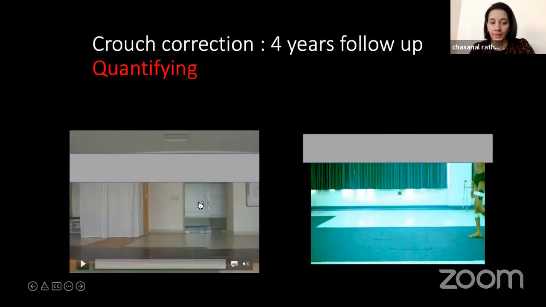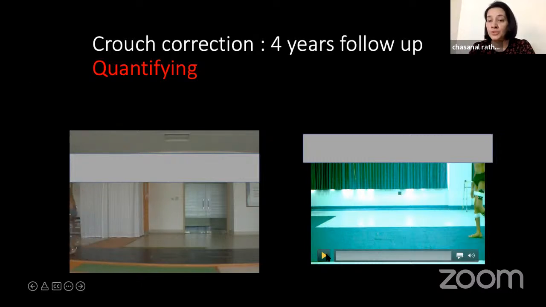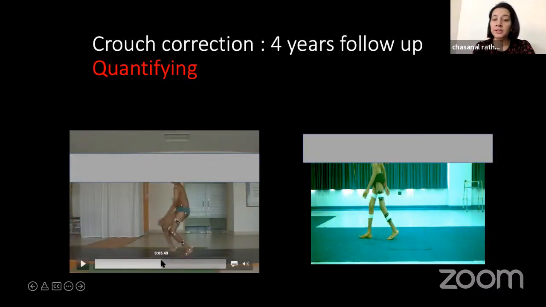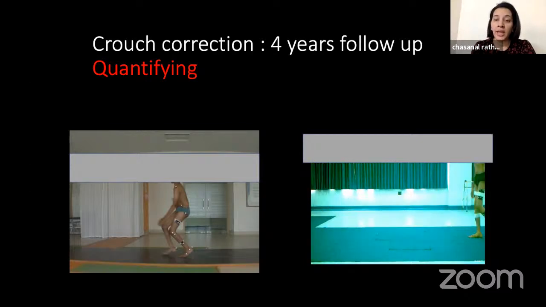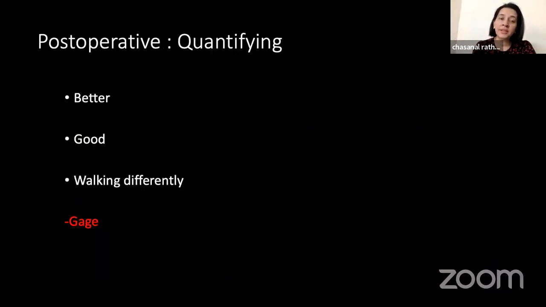Similarly, when the child is operated, we always say that the child is walking good, or wow, the child is walking so nice. But how do we quantify the results? How do we know that the child has really done good? Previously, Professor Gates said that we label kids as doing better, good, or sometimes we say they are walking differently.